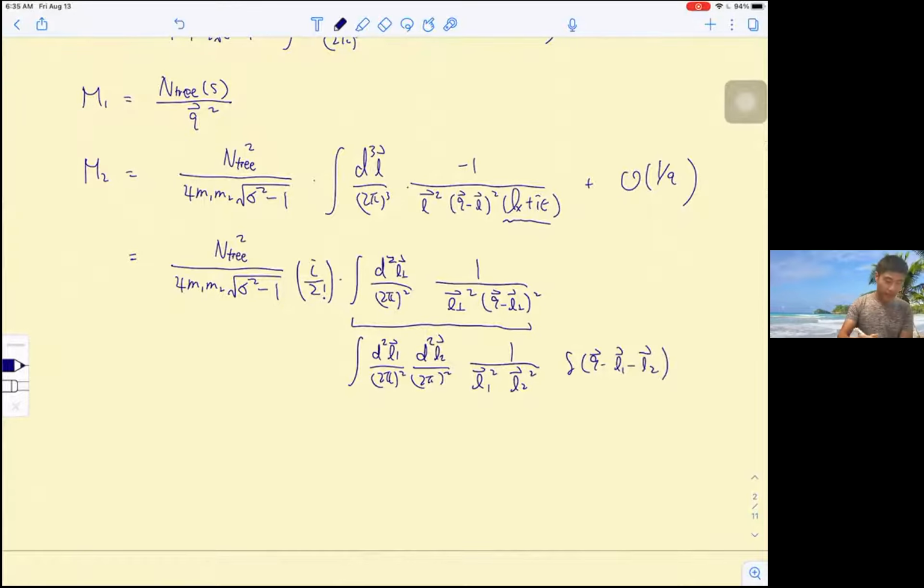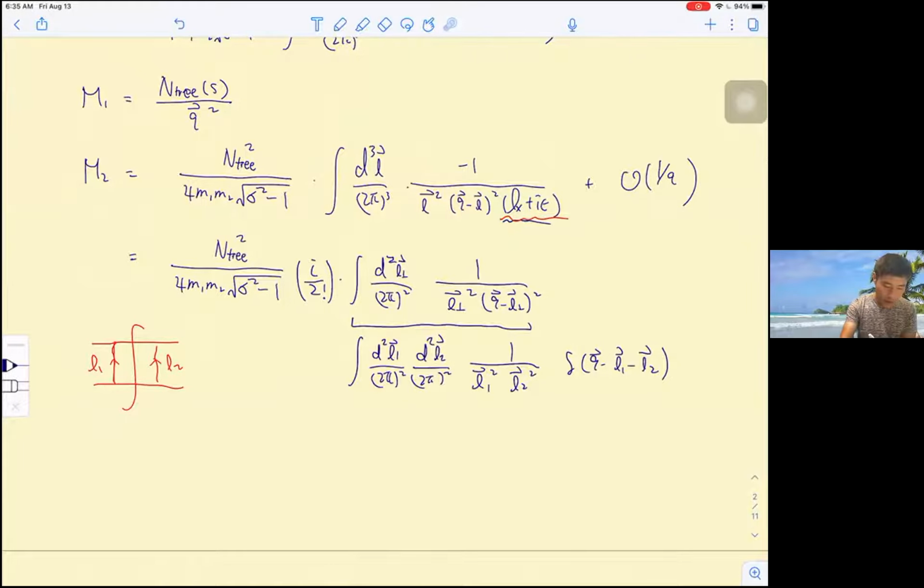So you can see that after we perform this L_x integral, the result actually turns into the cut of the boundary box. And the L1, L2 correspond to these two t-channel exchanges.